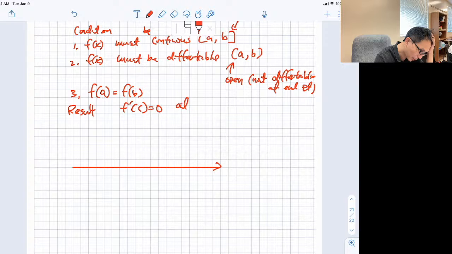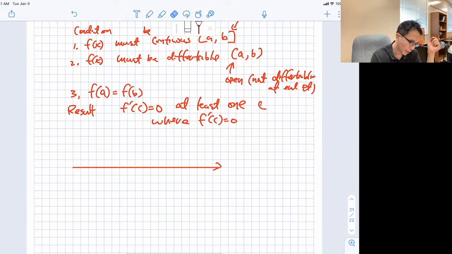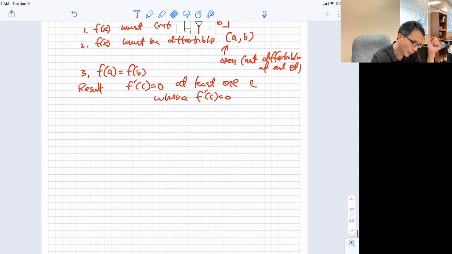So there is at least one c where f prime of c is equal to 0. And you're like, you know what? That's very, very silly. But yeah, he did that. That was a very important part of his theorem.